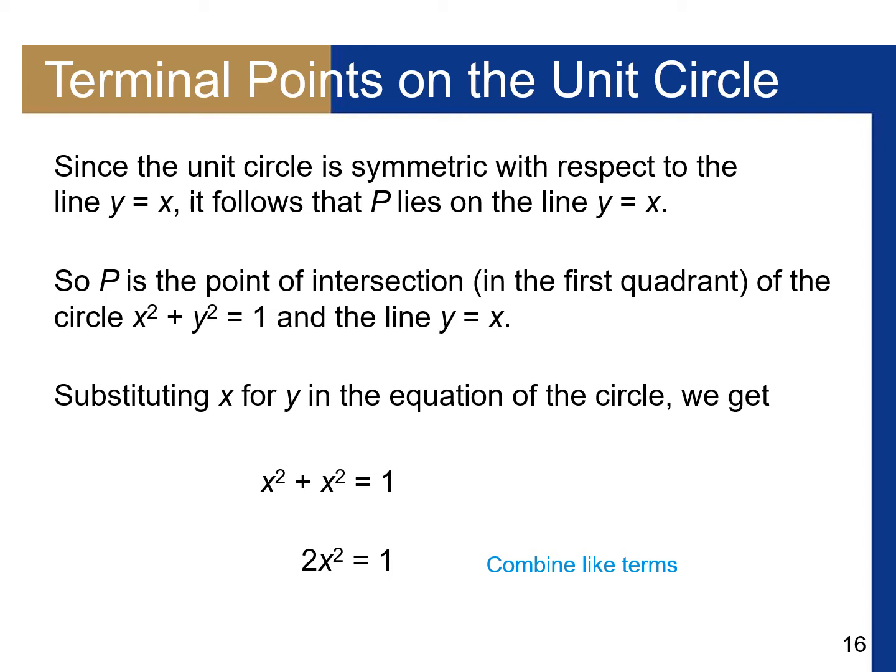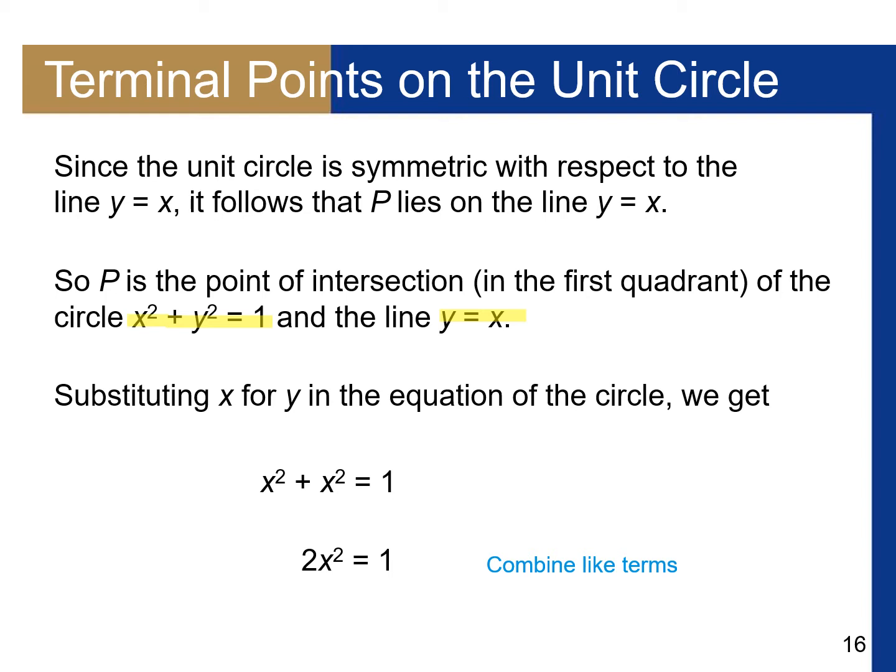Since the unit circle is symmetric with respect to y equals x, it follows that P will lie on y equals x. So P is the point of intersection in the first quadrant of y squared plus x squared equals 1 and the line y equals x, which is our parent function.